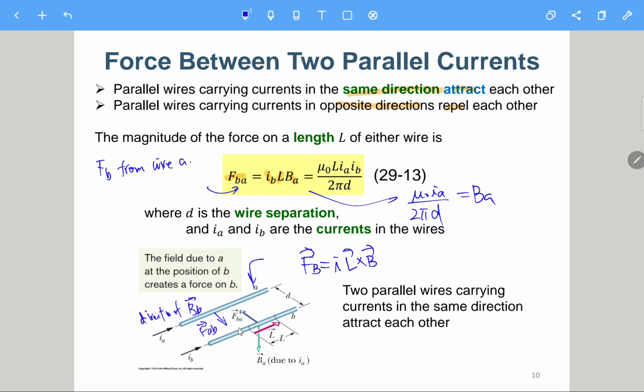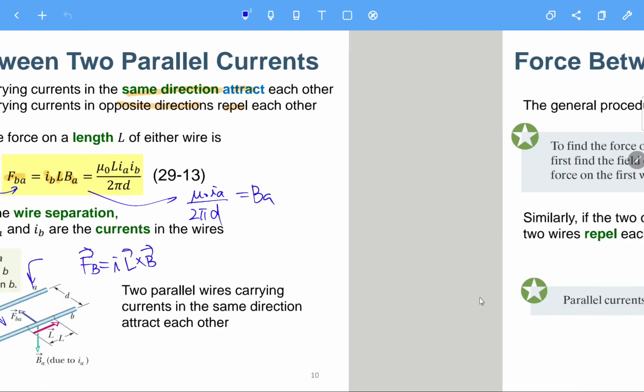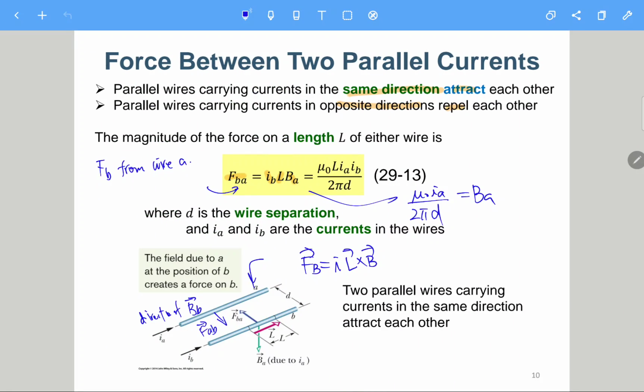So in this case, they attract each other, and if the currents are going in opposite directions, if it is IA, it is IB, then in this case, still BA points to the bottom side, however L points the other way round.